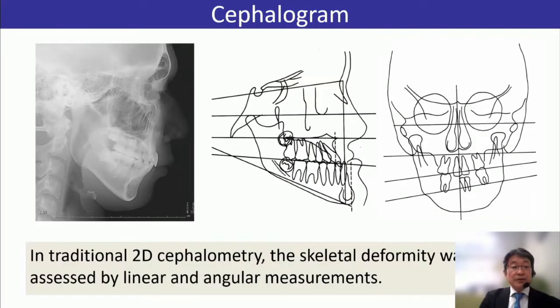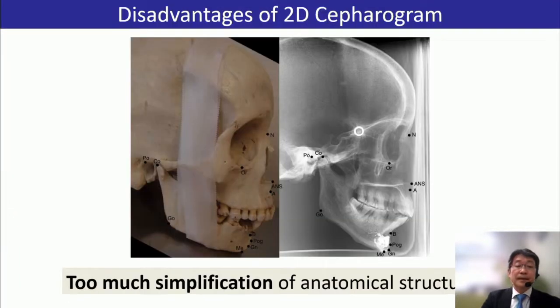In traditional cephalometry, skeletal deformity was assessed by linear and angular measurements. The problem is that the 2D cephalogram is based on too much simplification of the anatomical structures. As you can see in the pictures, 2D pictures do not illustrate the complex features of the craniofacial structures.